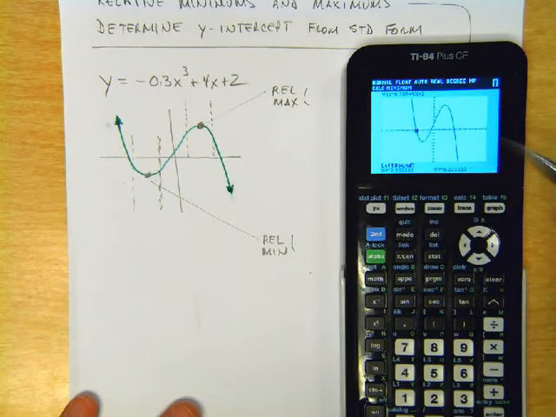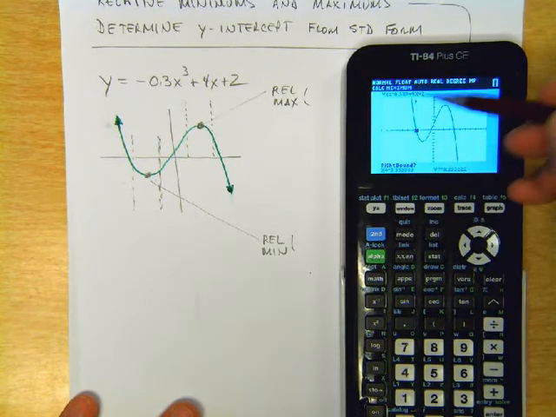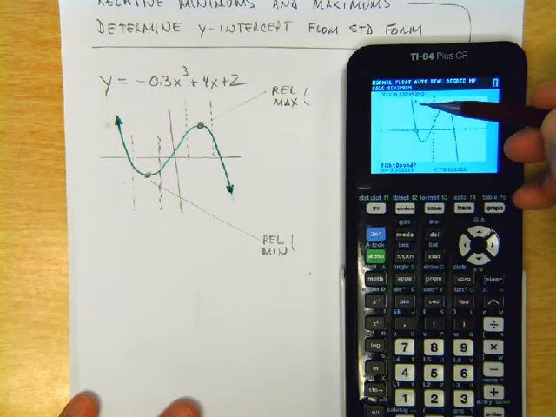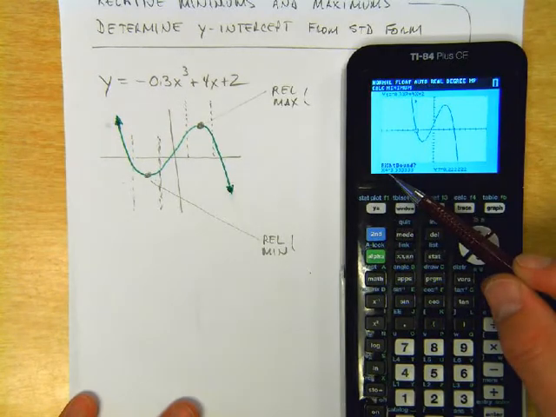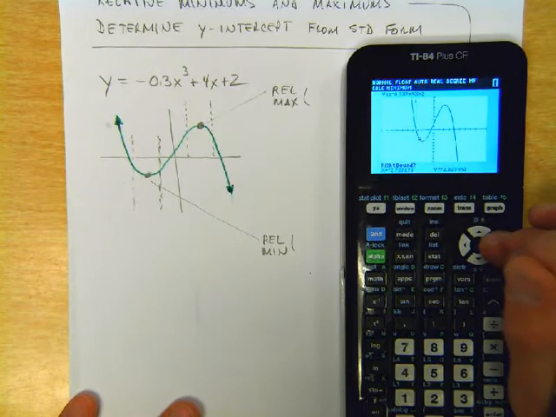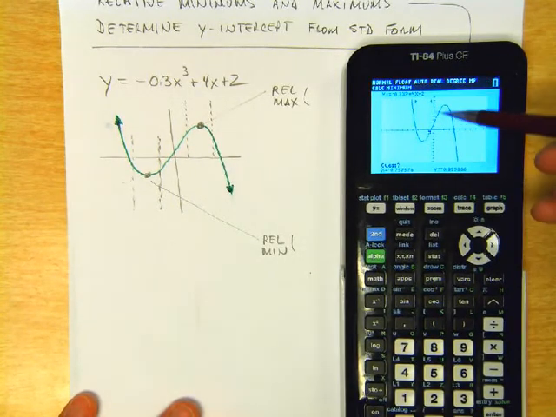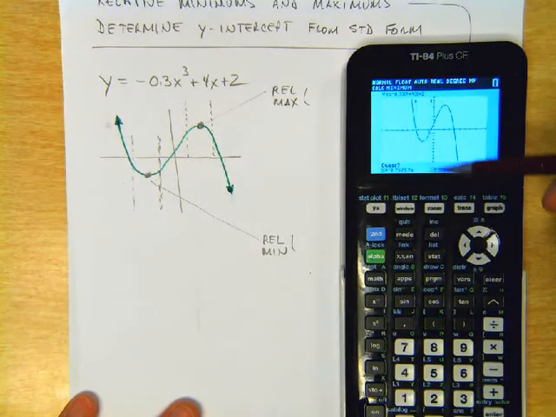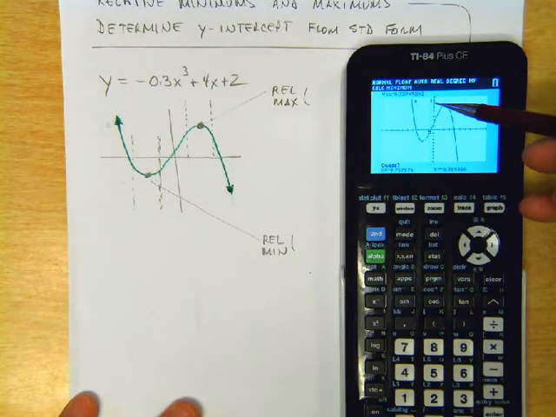And then you press enter, and you should see there's either a little vertical line to make the fence or the boundary, or there's a little arrow up here. And then the calculator is going to ask you for a right boundary, and so now you move the cursor to the right side of the minimum, and you press enter, and you should see the other fence, or the other boundary, indicated by the vertical line or those little arrows.